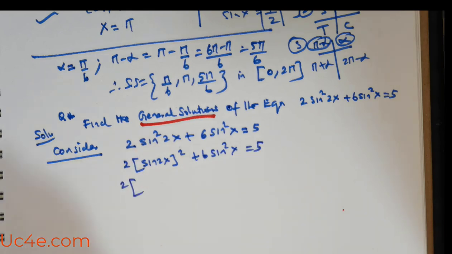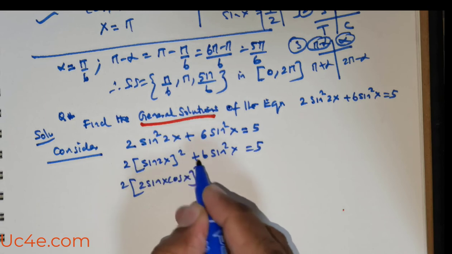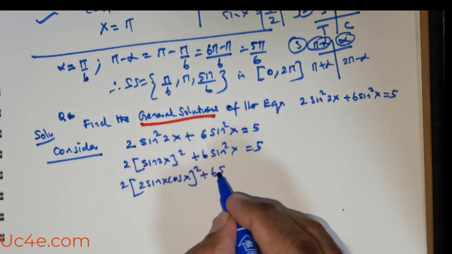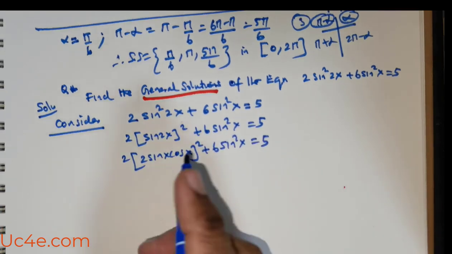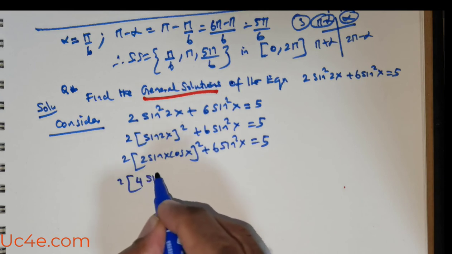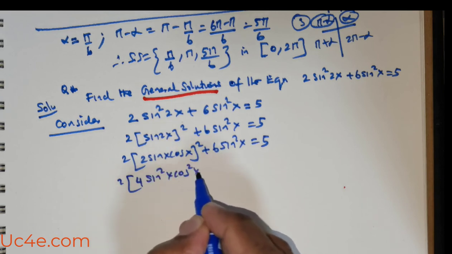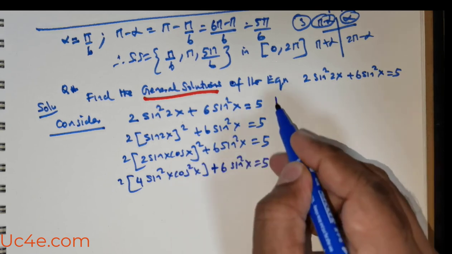I know that sine 2x is 2 times sine x cos x, and that has to be raised to the power of 2. I can square them and I would get 4 sine squared x cos squared x plus 6 times sine squared x is equal to 5.